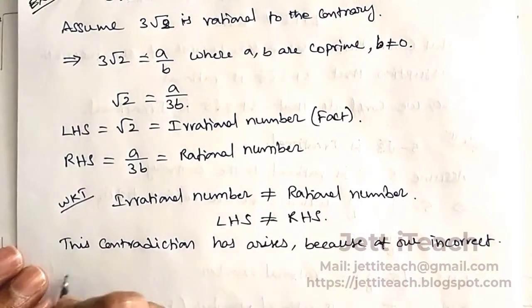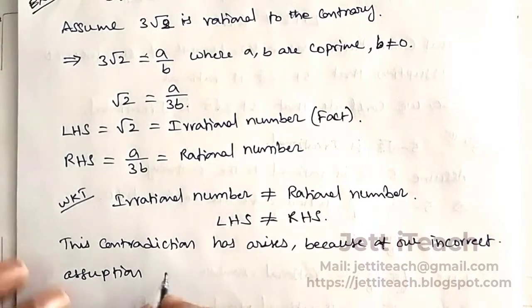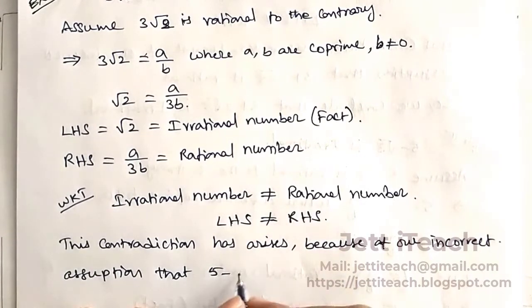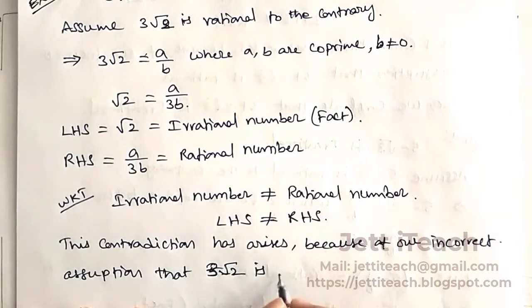What is our incorrect assumption? 3 root 2 is rational.